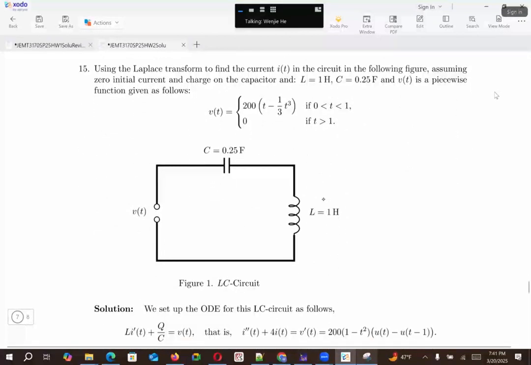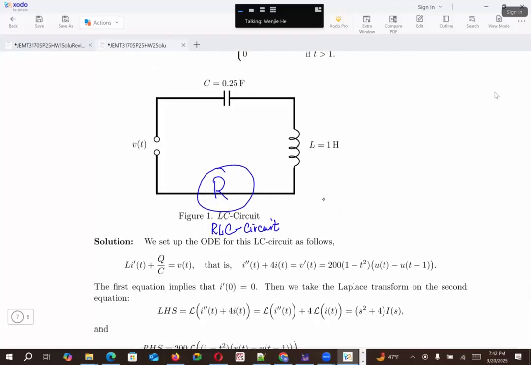This one has no R. So we need to add an R component here, and then we get an RLC circuit. So you have that R term.